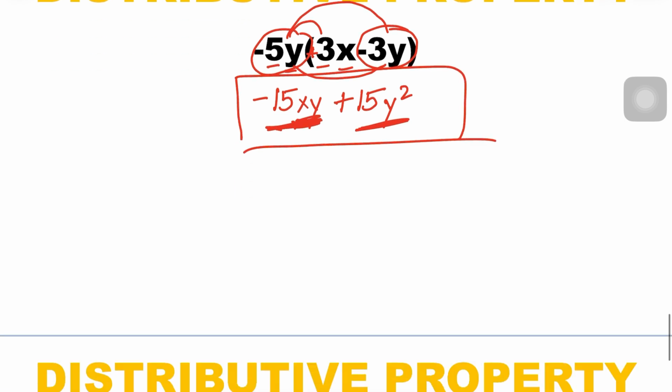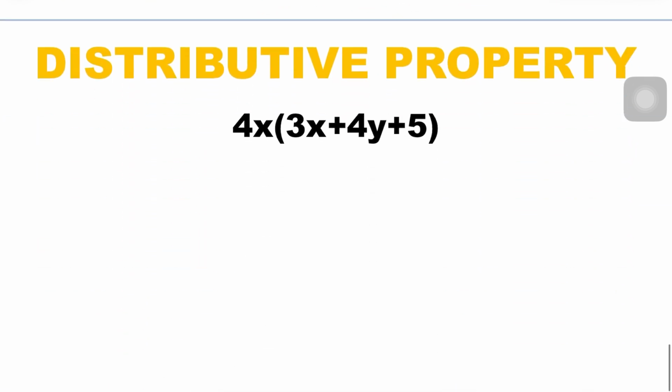Next. 4x times the quantity of 3x plus 4y plus 5. So distribute, distribute, distribute. So 4x times 3x, 12x squared. Multiply the coefficient, 12.